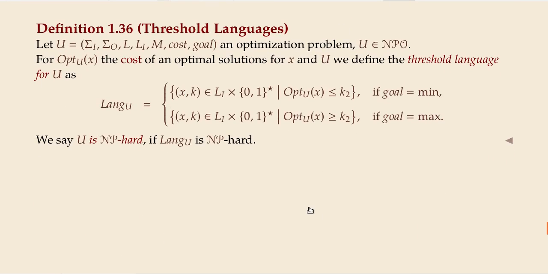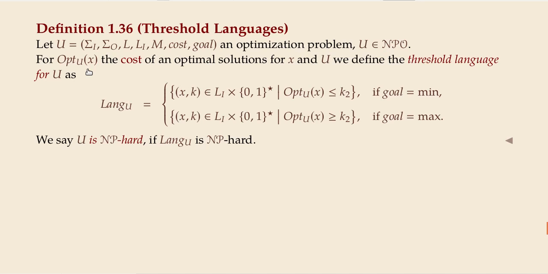So we restrict our attention to decision problems, to the decision version of optimization problems. And the formal setting to do that is a threshold language. If you have an optimization problem, we will always call, so if you use the problem opt_u of an instance is the optimal value, so the result of the evaluation problem.